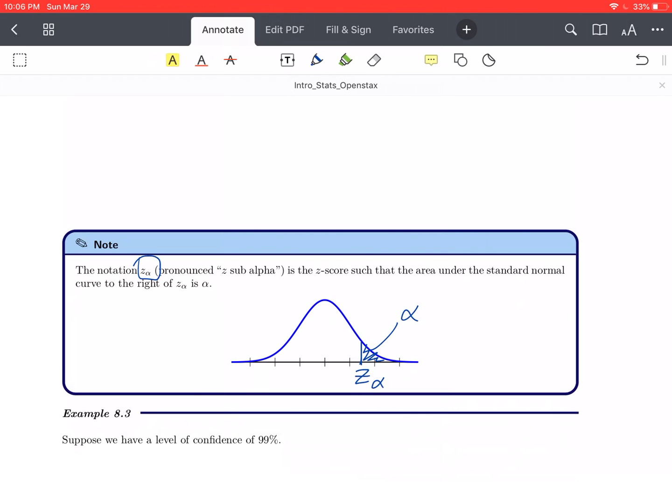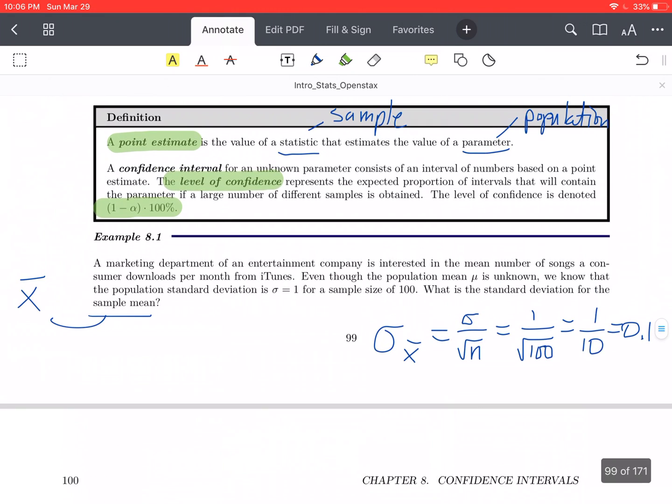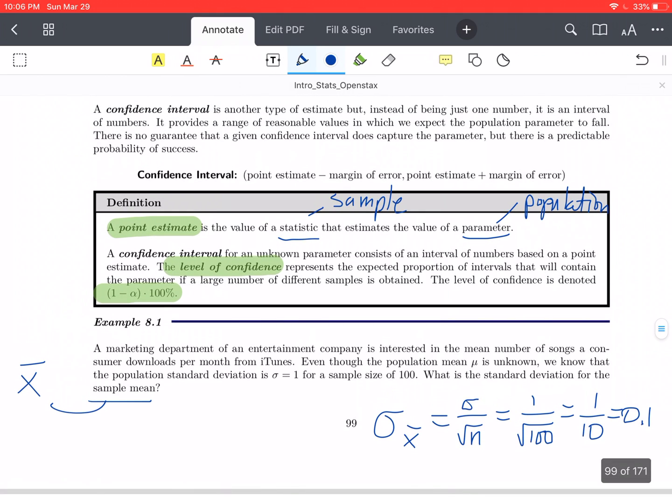Now we saw that in the previous chapter, but if you go back to the last page and look again at our definition for a confidence interval, the confidence interval has a (1 minus alpha) times 100% level of confidence. So if we say that we want 90% confidence, then the alpha value represents 10%, or 0.10.